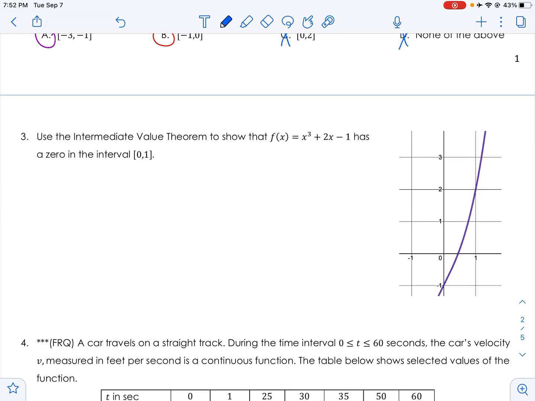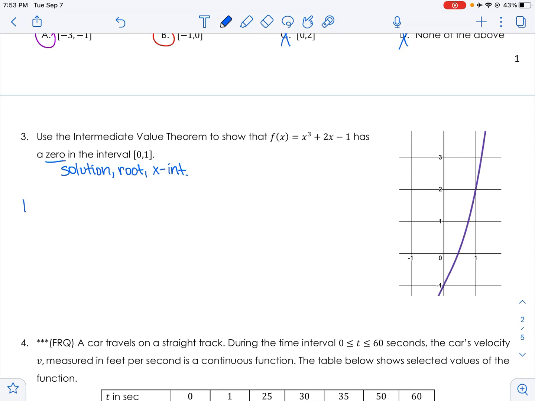Okay, so number 3, use the intermediate value theorem to show that f of x equals x cubed plus 2x minus 1 has a 0 at the interval 0 to 1. First off, we need to know that the word 0 means solution, root, or x-intercept. We need to know two things for this to work.